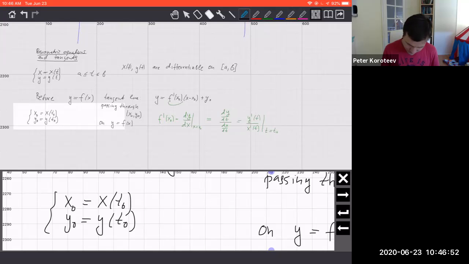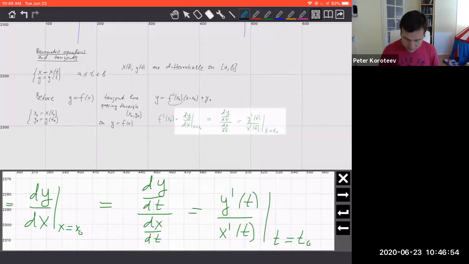Okay. Now, a quick question. The last formula that I wrote, dy over dt divided by dx over dt, does it always make sense? Does it always exist? Or do we need to make some comment about it? Yes, absolutely, that's right. There are problems when the denominator vanishes.